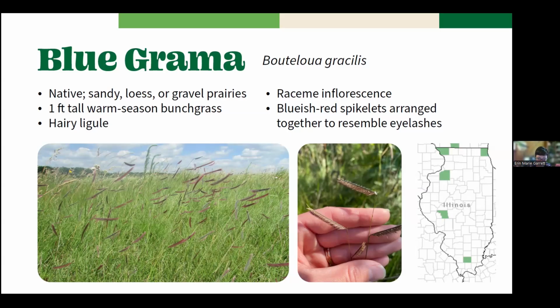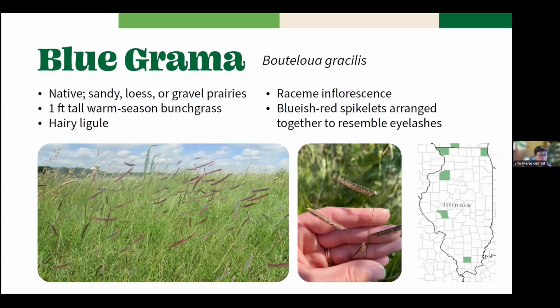So not as common. If you do find it, super cool. There is another grama grass called hairy grama that looks similar to this one, that you can also find, but is again pretty restricted, I believe, in its distribution. I haven't looked that up recently though, so I could be a little off on that one.